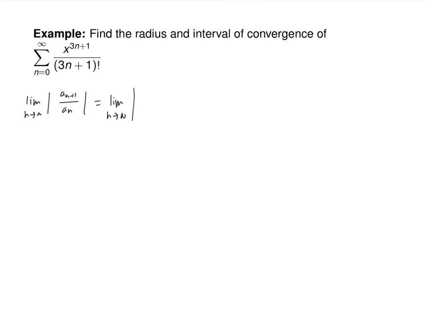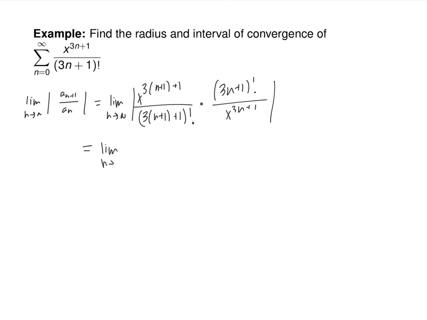So when you input n plus 1, we have 3x to the power of 3 times (n plus 1) over 3 times (n plus 1) plus 1, times (3n plus 1) factorial over x to the 3n plus 1. Now notice that what we really have here is x to the 3n plus 4, (3n plus 1) factorial over (3n plus 4) factorial times x to the 3n plus 1.